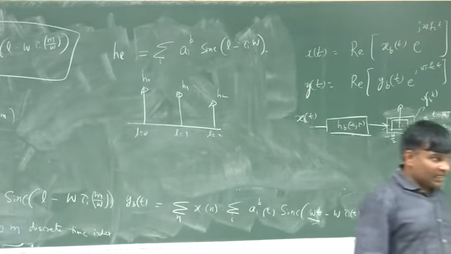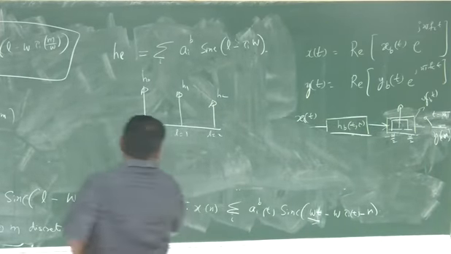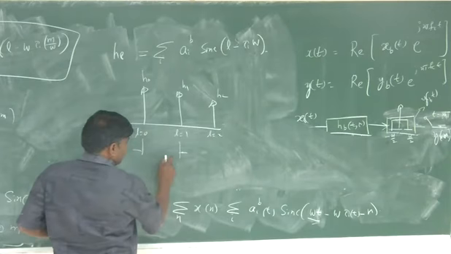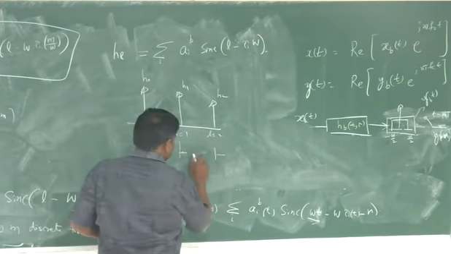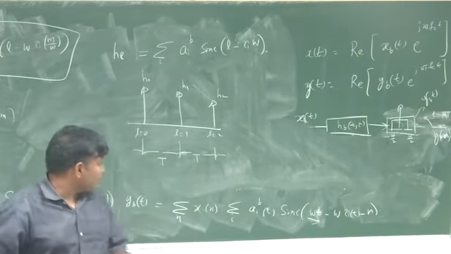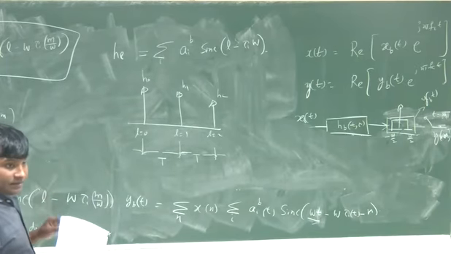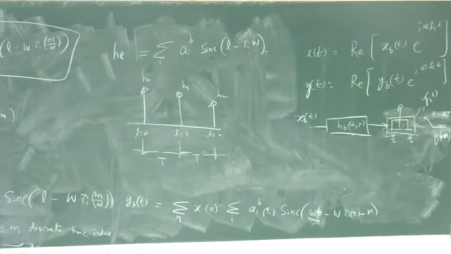But this T-spaced channel, what is the spacing? Between any two taps, the spacing is T seconds, right? Tau is gone. It is now resolved.